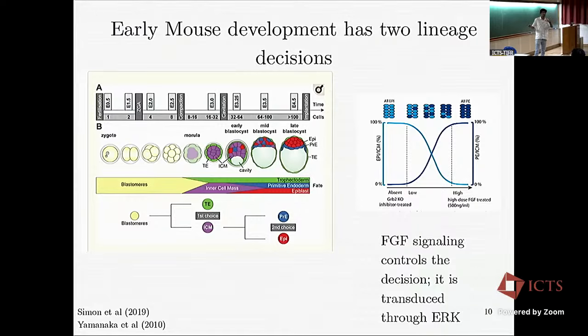All of these are going to differentiate further, particularly the epiblast. But at these time scales, you have 3 cell types: the ICM, the primitive endoderm, and the epiblast. You have a signal, a parameter that you can vary, and that perturbs the number of cells which go into this versus the other fixed point.